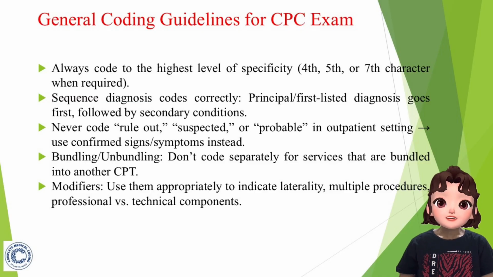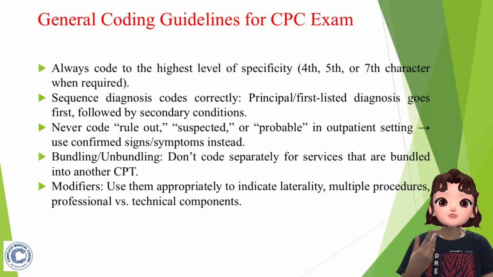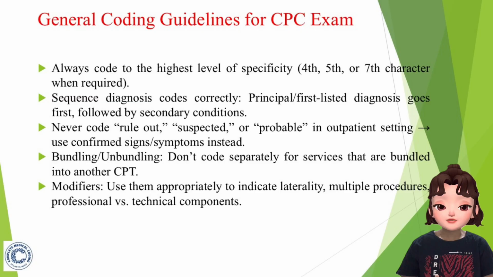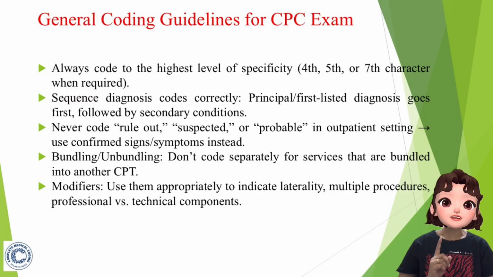Now, never code rule out, suspected, or probable diagnoses in the outpatient setting. You should use confirmed signs or symptoms instead. If the patient is suspected of having a disease, or a test is being done to rule out a disease, you should not code it. Only code the confirmed diagnosis.